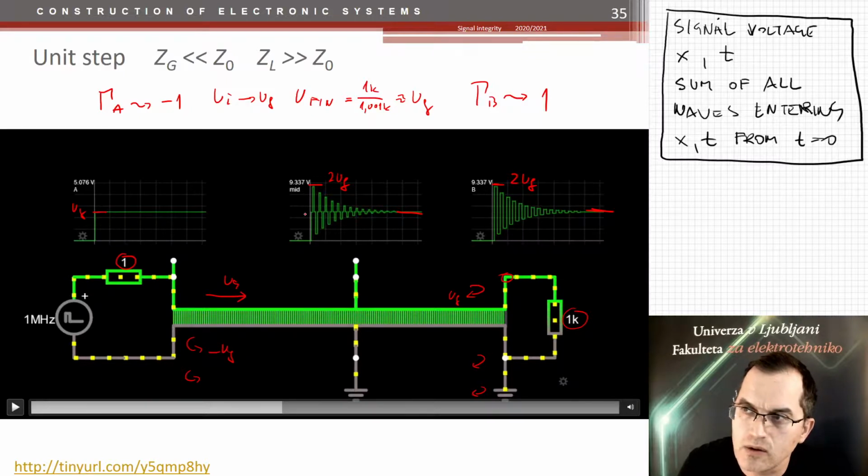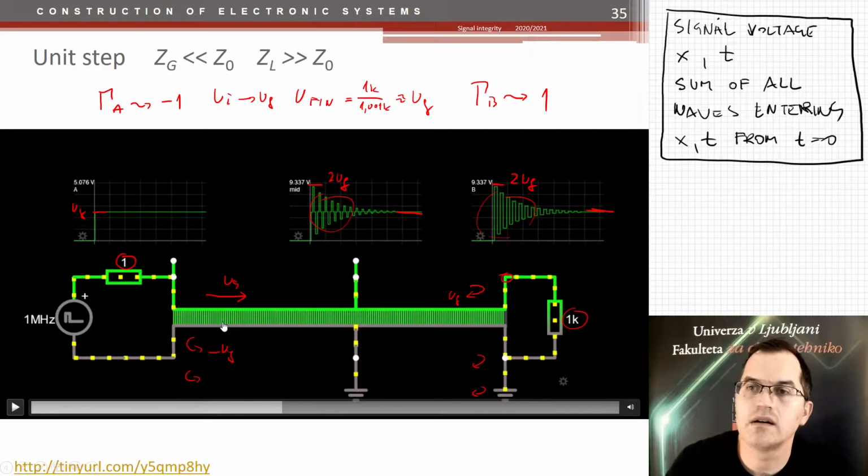The problem is that all that ringing will, of course, first radiate electromagnetic noise, and second, it would reach voltage levels above the power supply voltages, which can cause some noise transferring into the integrated circuits connected to them. And they could maybe, I don't know, I haven't seen that in real life, but it could also damage the inputs in these integrated circuits. So all that should be avoided. This is really a problem.